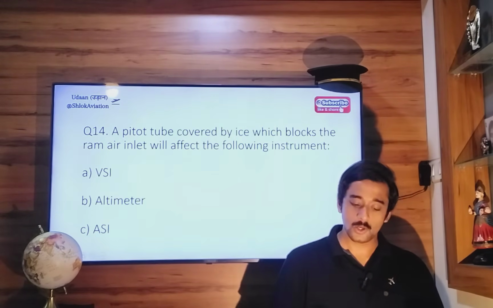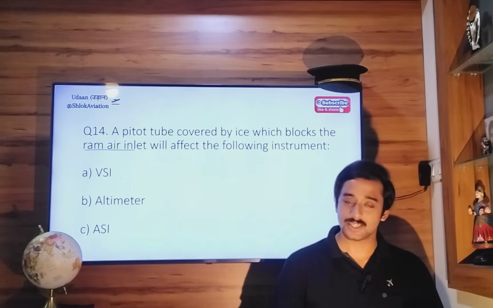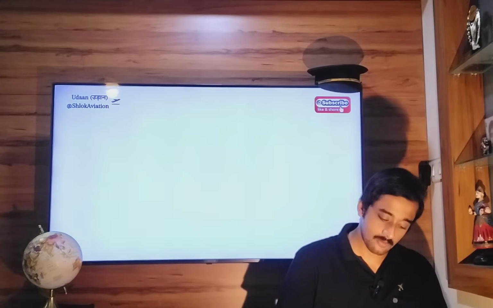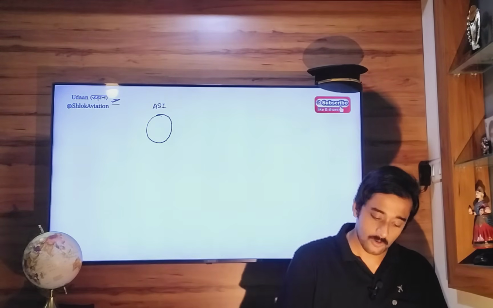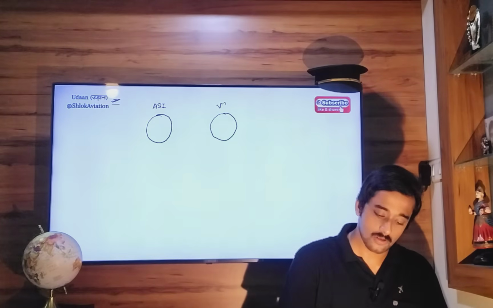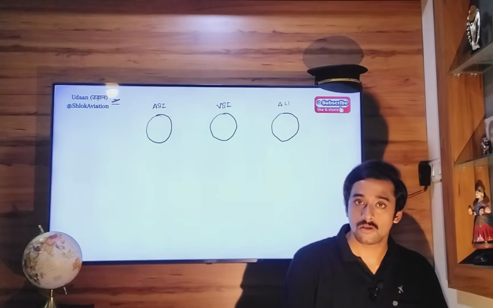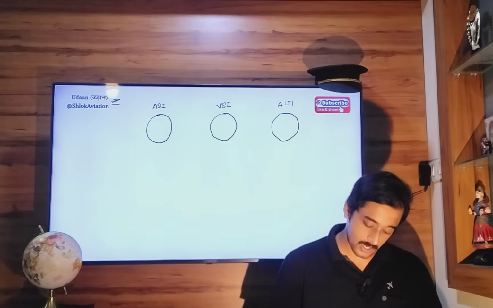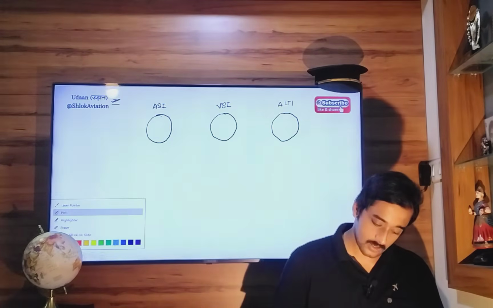Next, a pitot tube covered by ice which blocks the ram air inlet will affect the following instrument: VSI, altimeter, ASI. Now, all these three pressure instruments, namely your ASI, your VSI, and your altimeter, work on static pressure.